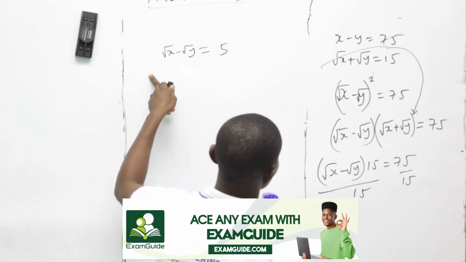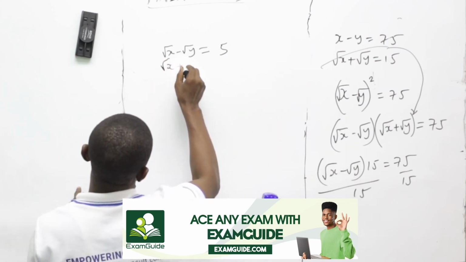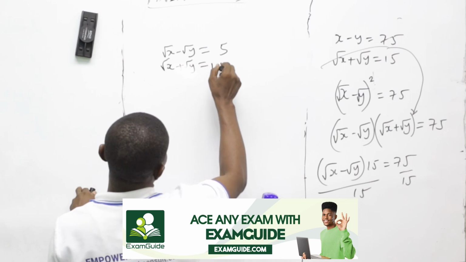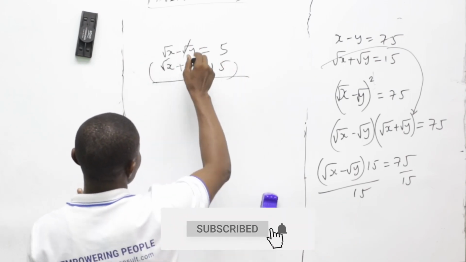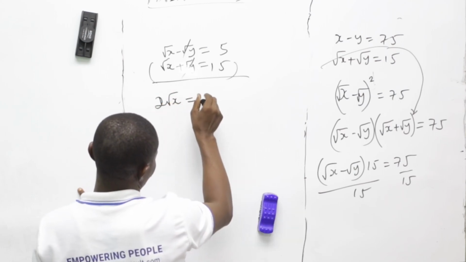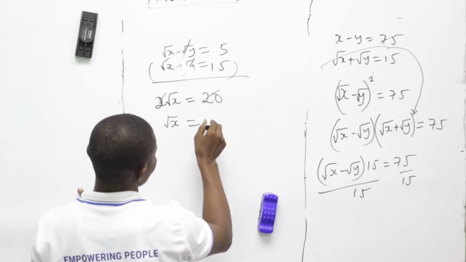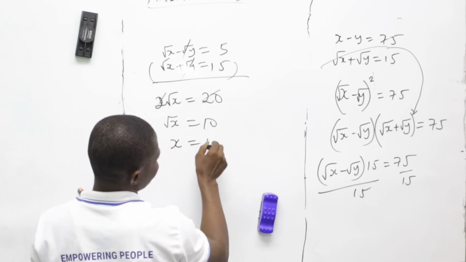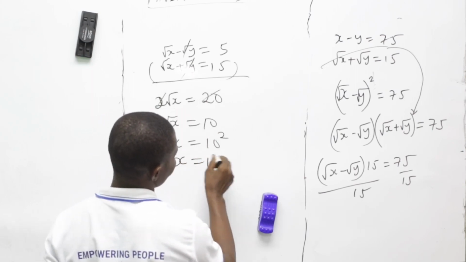If we have this, we're going to divide this. So we'll have root x plus root y equals 15. By elimination method, this will take care of this. This is 2 root x equals what? 20. Dividing through, root x equals 10. So that x will give us 10 squared. So x is what? 100.